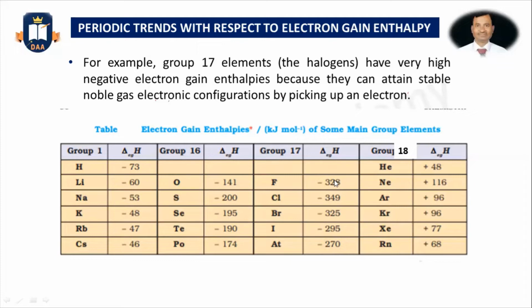That means it is very easy to add an electron to the atoms of group number 17 elements to get a singly charged anion. That's why this value is very high, negative. You have to remember always this electron gain enthalpy value is negative, minus 328 for fluorine.